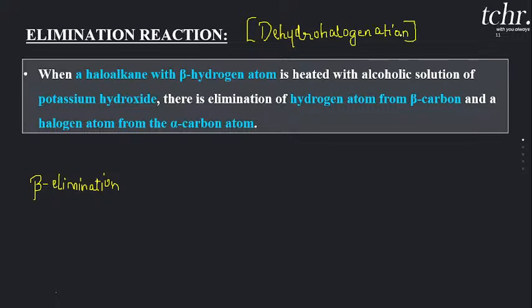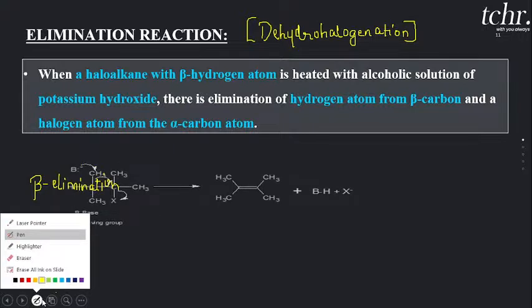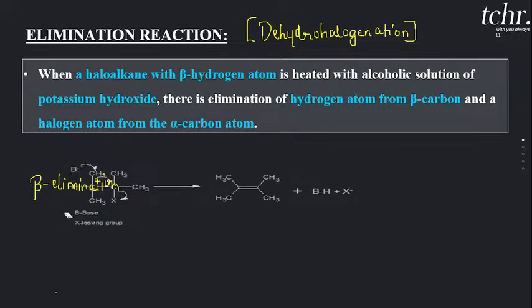So when a haloalkane with beta hydrogen atom is heated with alcoholic potassium hydroxide, elimination of hydrogen from the beta carbon and halogen from the alpha carbon takes place, they say, students. So observe here what happens.